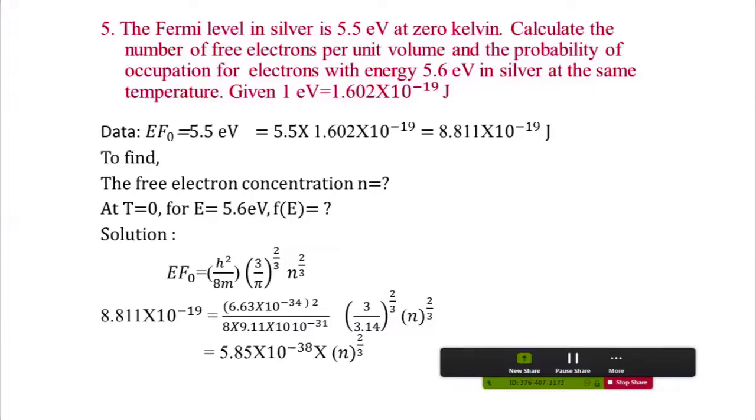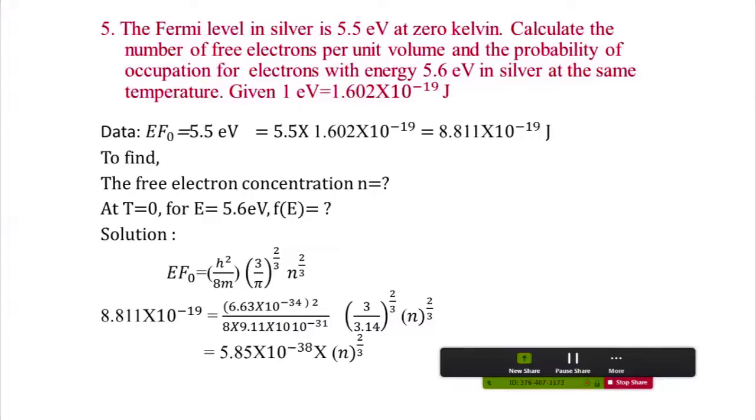We know that the Fermi energy at 0 Kelvin, EF naught equals h square divided by 8m, into 3 divided by pi whole to the power 2 by 3, and n to the power 2 by 3. This is the formula for finding the Fermi energy at 0 Kelvin. In this particular problem, they have directly given the EF naught.